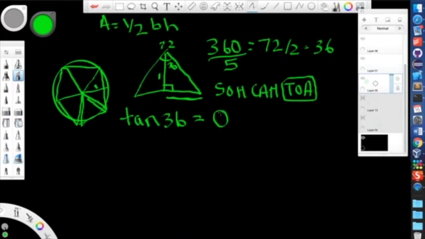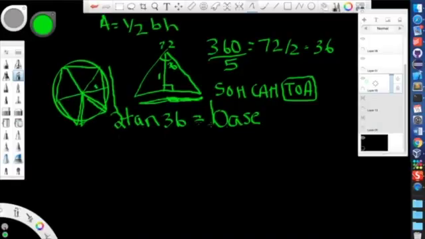So the opposite side, or the base, is equal to tan 36. So this side here is tan 36. And in order to get the full base, which will help us over here, we're going to do 2 times tan 36.